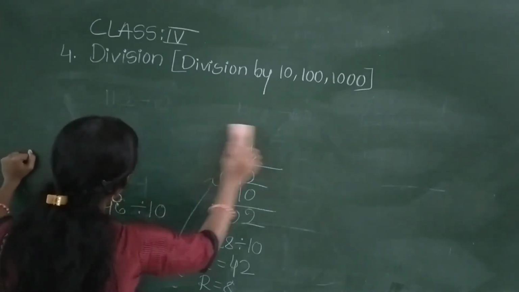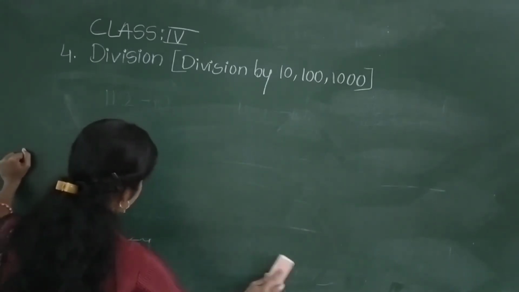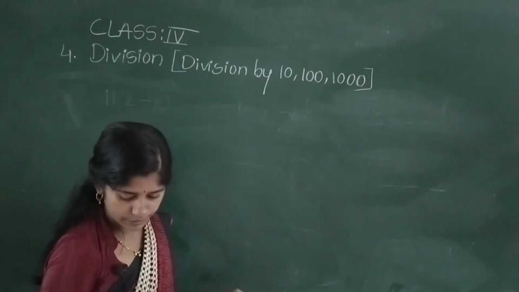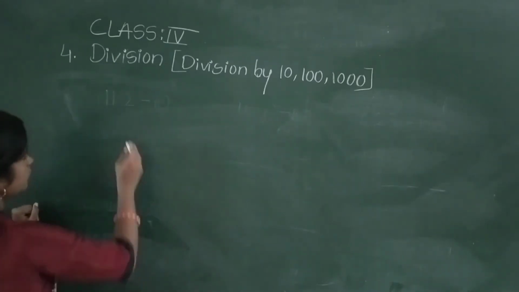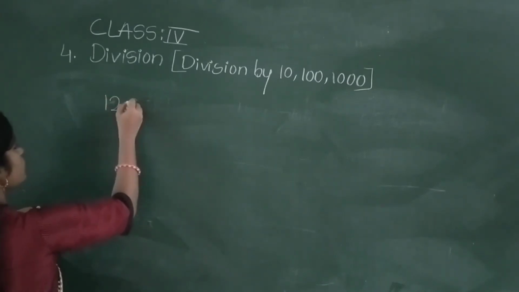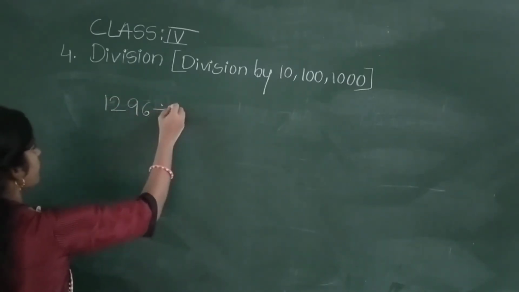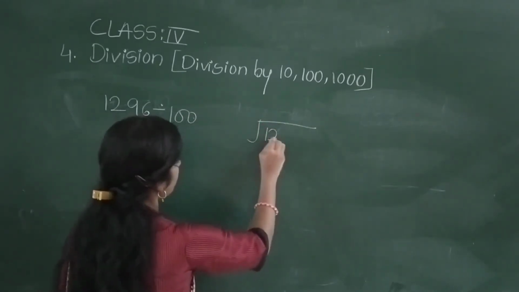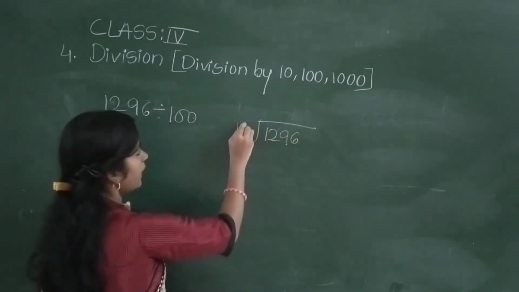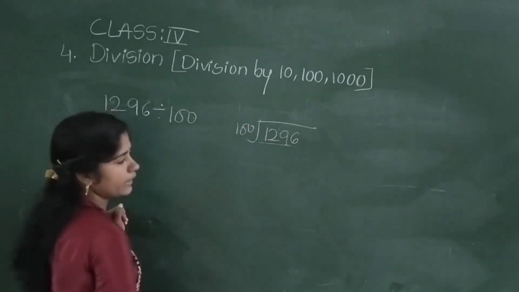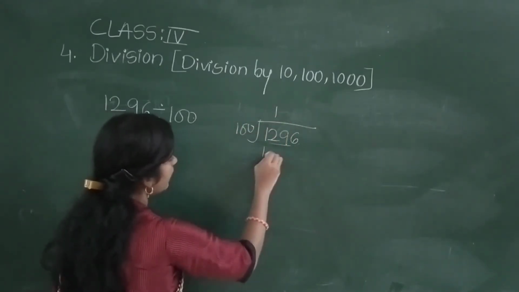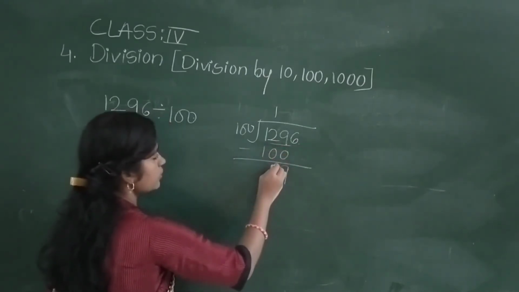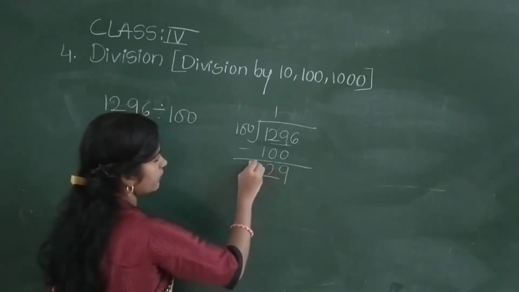Then let us take one more example from your My Practice Time 3, and that is 1296 divided by 100. So divide the number 1296 by 100. You take 129, 100 ones are 100. Next 9 minus 0 is 9, 2 minus 0 is 2, 1 minus 1 is 0.